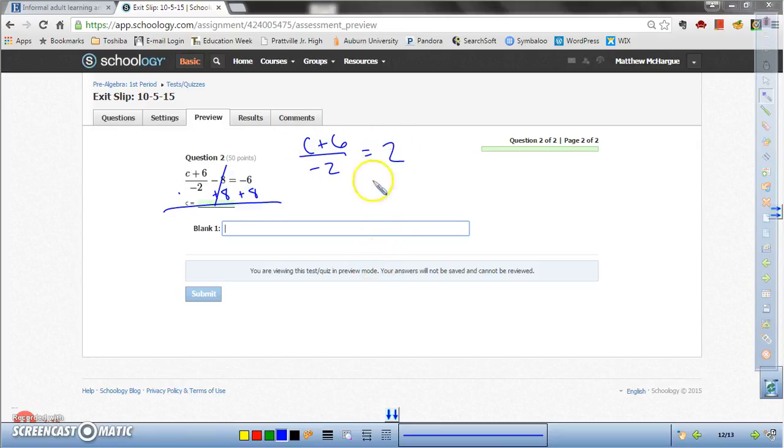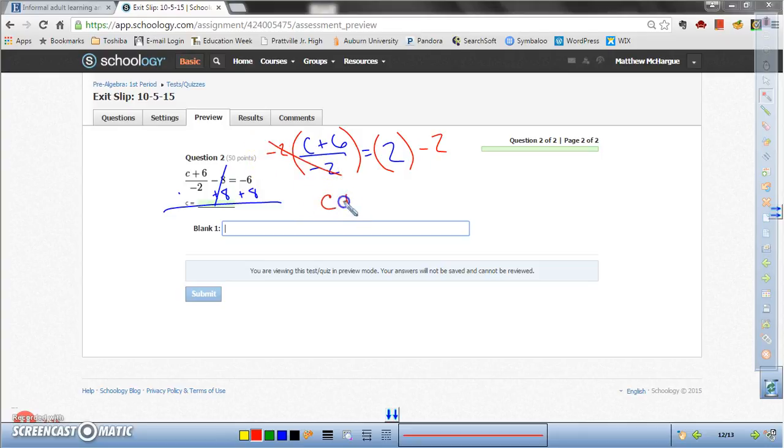Okay, now at this point, this is exactly the same type problem that we worked in question 1, where you have the variable contained within a fraction and you want to undo this division by multiplying. In this case, since I'm dividing by negative 2, I want to multiply by negative 2 on both sides. And so that's going to cancel.